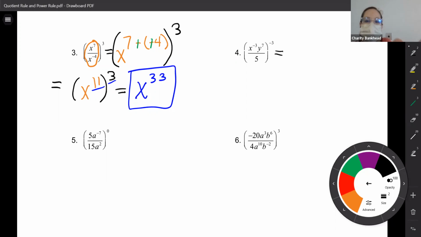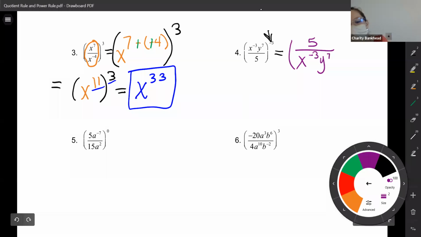Let's see. I've got that negative exponent on the outside of the parentheses. So if I go ahead and flip that fraction completely, that'll get rid of that negative right there. So how about I do that first. So that would make it 5 over x cubed to the negative 3, and then y to the positive 7.